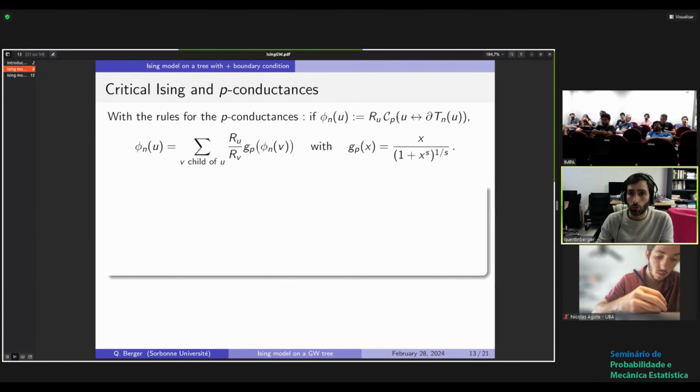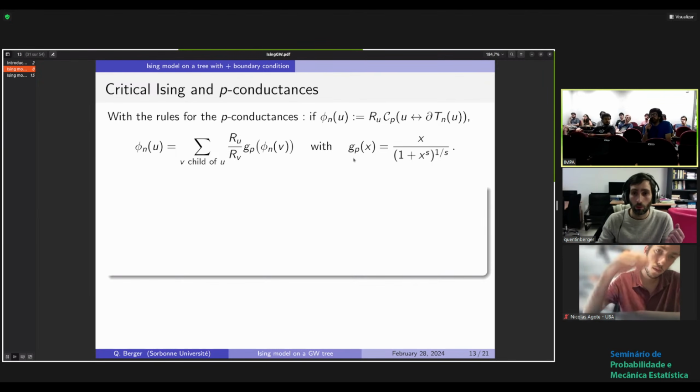You want to compute the effective conductance between this vertex u and the boundary of the tree, meaning the leaves. If you multiply that by the resistance of the edge leading to u, you have this recursion. It very much looks like the recursion we had on Ising.